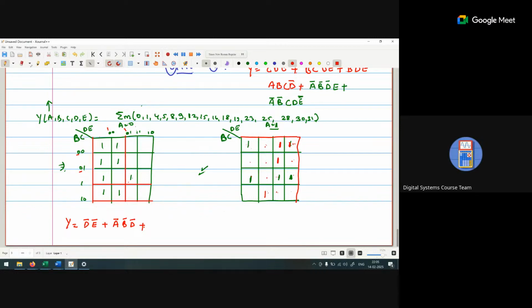Now we are creating a group of this one. So one group is this one, group of 4.